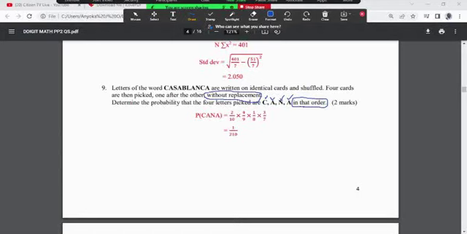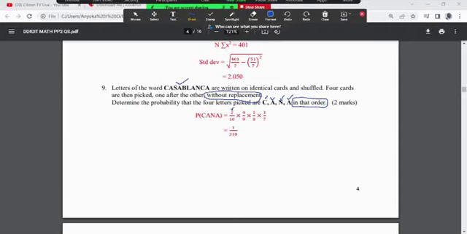So how many letters are here? They are 10 in number. The probability of picking letter C: how many letter C's are there? We only have 2 letter C's.